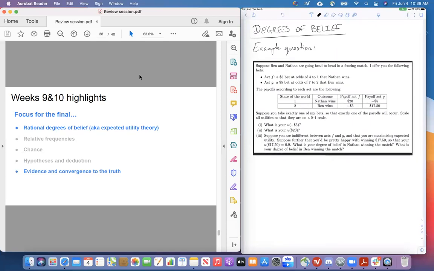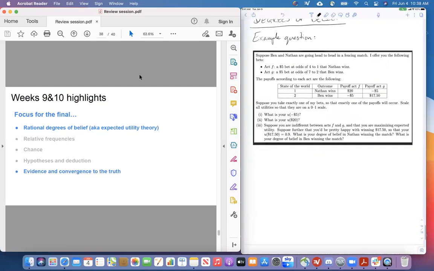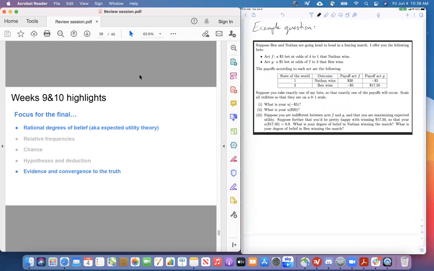Now, given that this chapter test hasn't happened yet, I'm not sure whether this will be done so well from those people who take it. So this is on there because I think it's really a culmination of what the book is really getting at when we're talking about recovering degrees of belief. So these types of questions show you exactly how you figure out your degrees of belief from preferences about certain things.